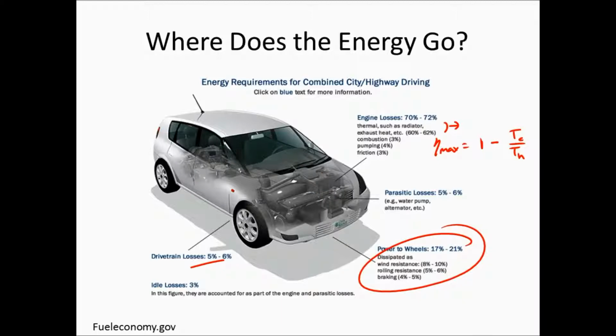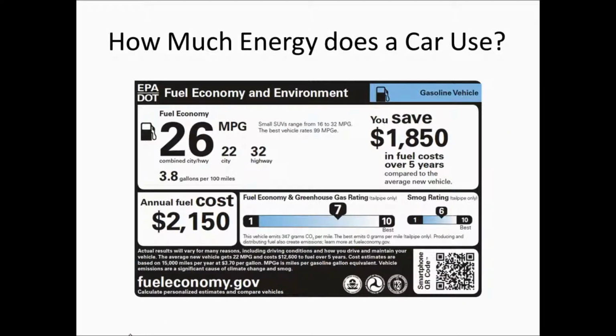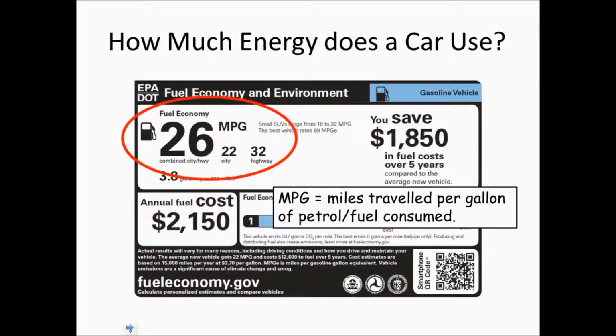So how do we evaluate the efficiency of a car? What is commonly used is what's known as fuel economy. And you see the sticker when you buy a car, okay? If you go to the car lot, at least, you'll see a sticker like this. And here, you will see the number of miles that can be driven per gallon.